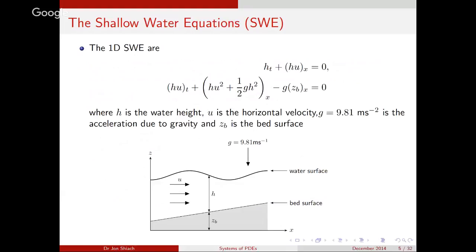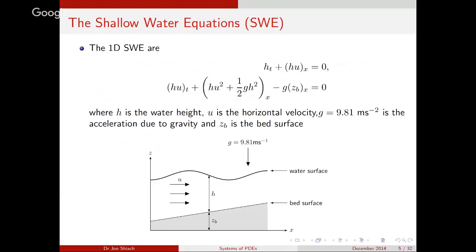The dependent variables in the PDE are h, which is the water height, and u, which is the horizontal velocity. Now, if I was to move this arrow up and down, the water height would change. So depending on where you are in the domain, you have a different value for h, and you'll also have a different value for u. u is just horizontal velocity.